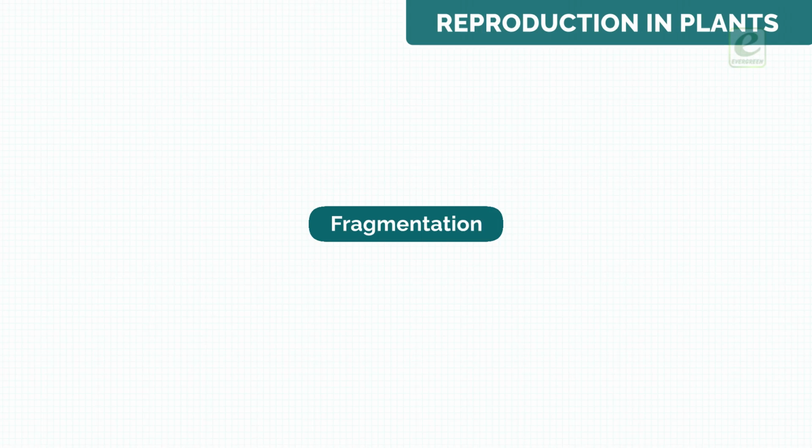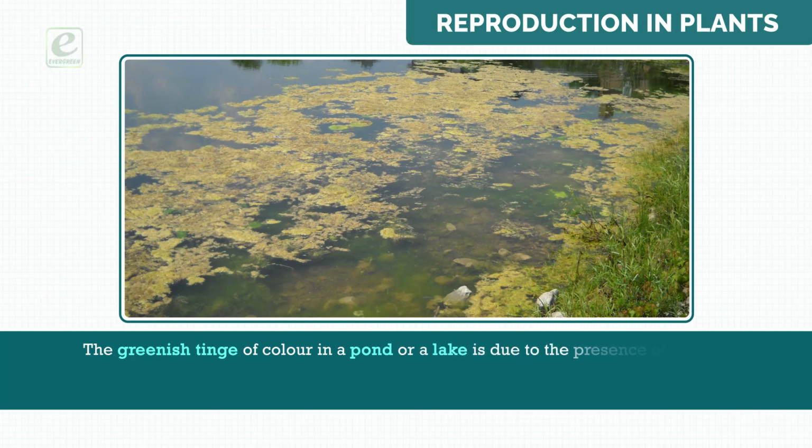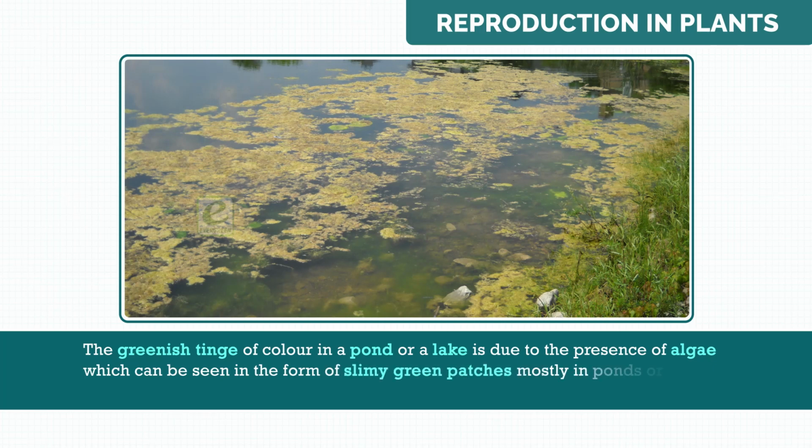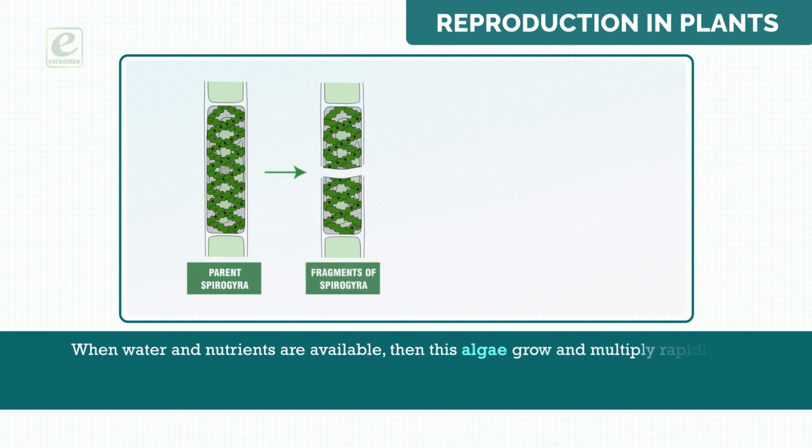Fragmentation. The greenish tinge of color in a pond or a lake is due to the presence of algae, which can be seen in the form of slimy green patches, mostly in ponds or in other stagnant water bodies. When water and nutrients are available, then this algae grow and multiply rapidly by fragmentation.